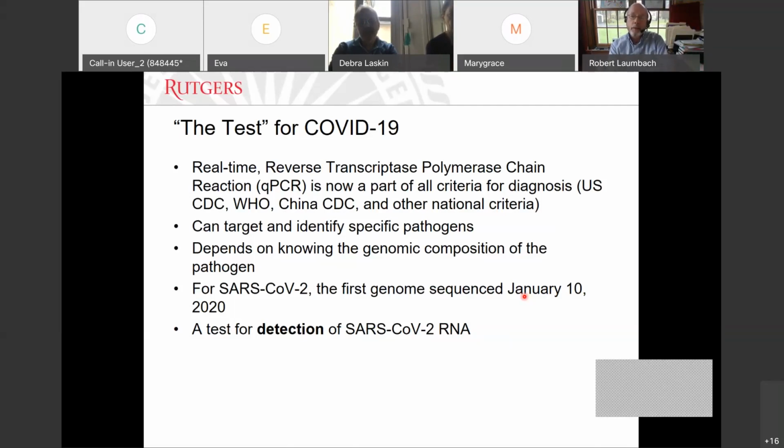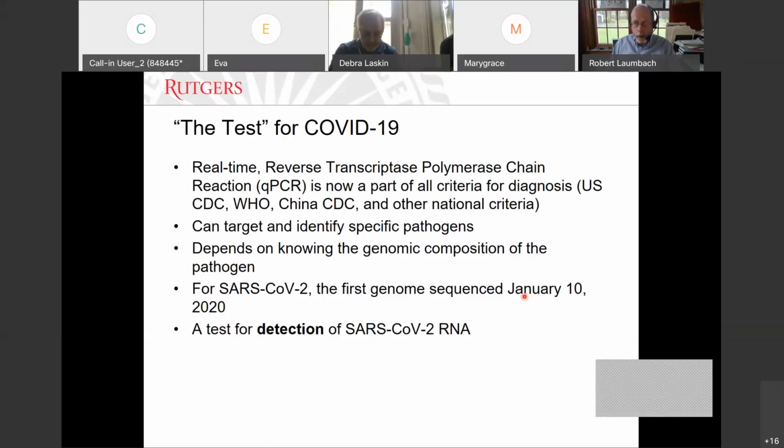And that's now part of all the diagnostic criteria, in the US, the CDC, World Health Organization, China CDC, and other national criteria. It can target pathogens very specifically because of the specificity of the DNA sequence that it's based on. Therefore, it depends on knowing the genomic composition of the pathogen.